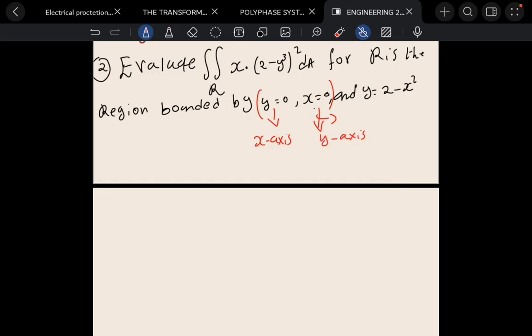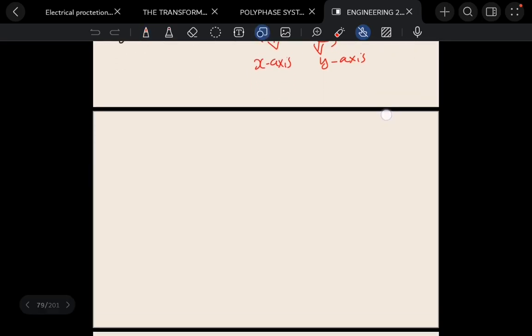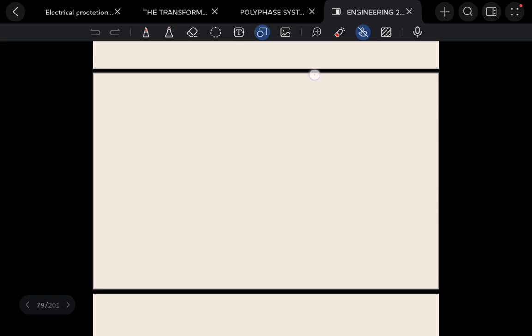So whenever you see an equation y equals 0, it means that I'm representing the x-axis. You're going to draw a line on your x-axis. And when a line says x equals 0, I'm going to draw a vertical line on your y-axis. Right, so let us draw that region.